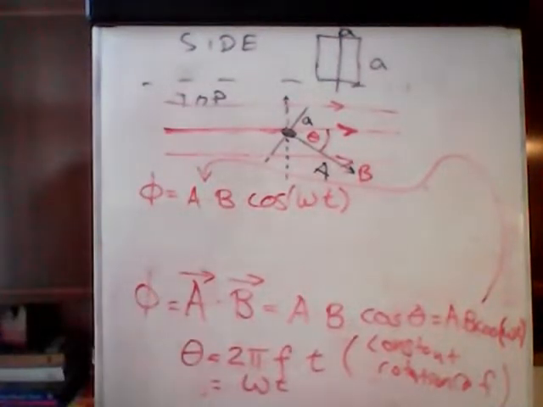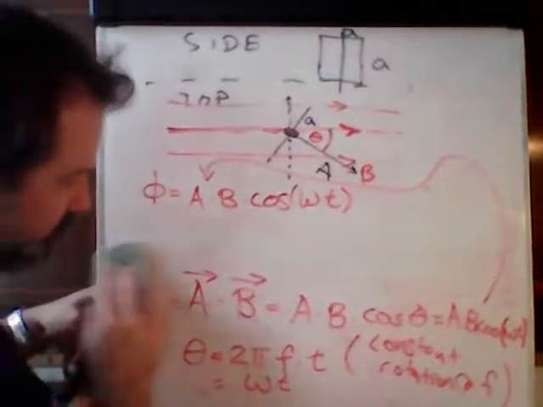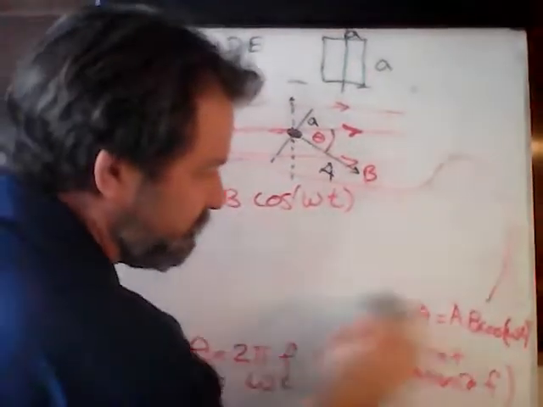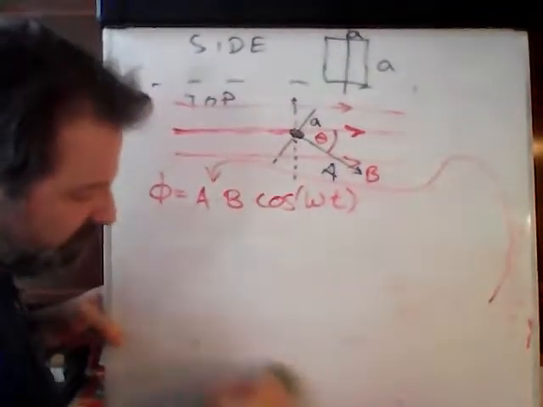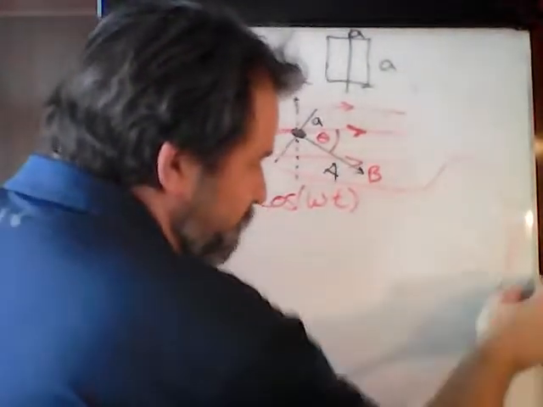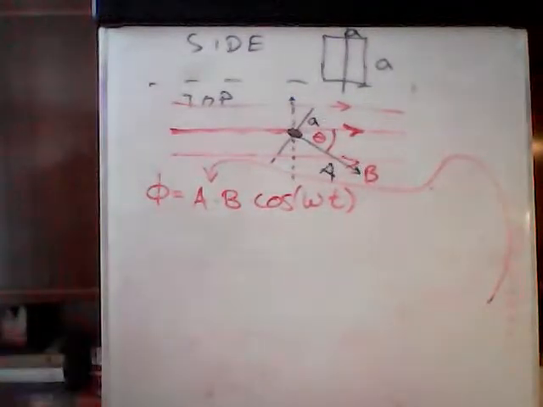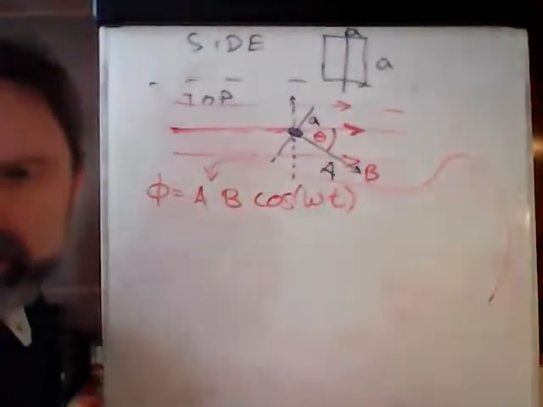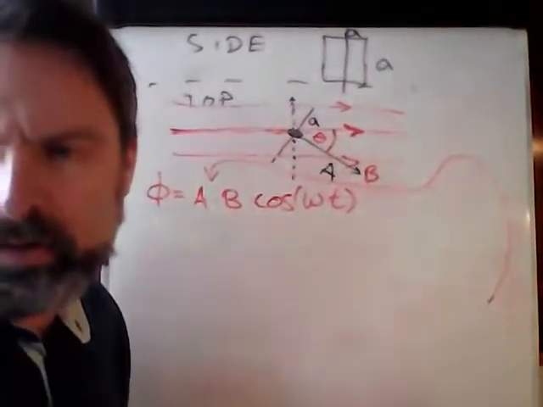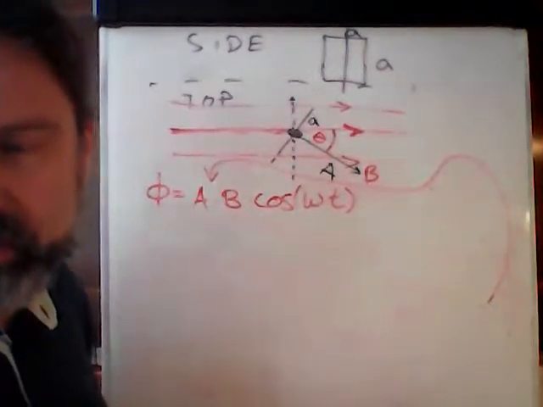Good. So now we're looking at that being the flux, and the flux is changing, okay? The flux is changing, and of course that means that we will generate EMF. We examined changing flux due to angle change and area change.